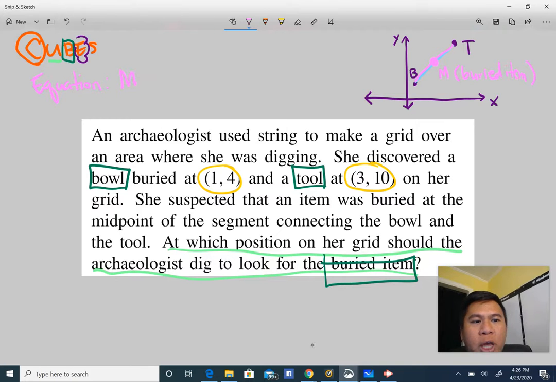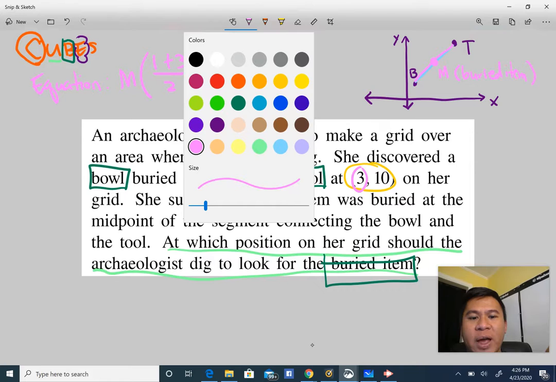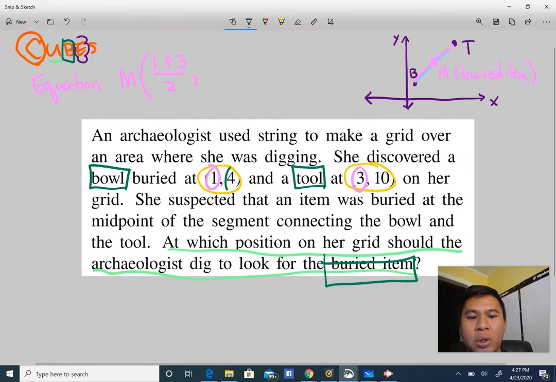For the midpoint M, that will be the x coordinates first. That's 1 and 3. That's 1 plus 3 all over 2, comma. And then for the y values, that's 4 and 10. That will be 4 plus 10 all over 2.